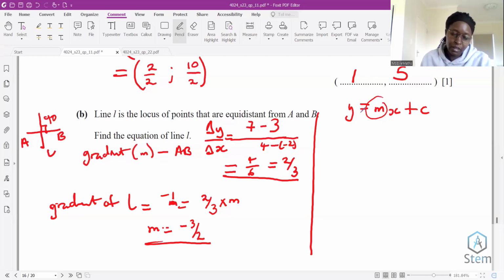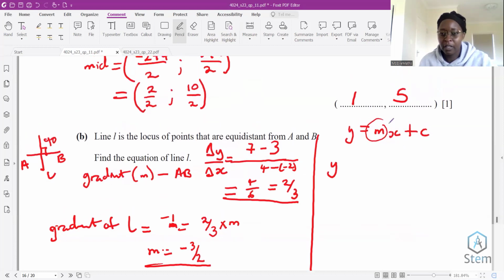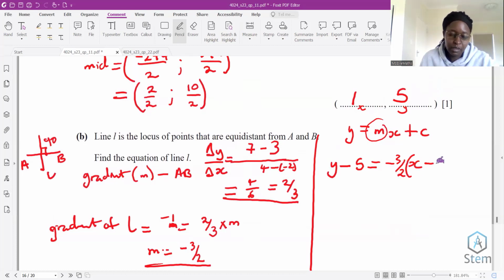So the gradient, we now have it. We can say Y minus its point, we say the points are 1 and 5. So I can say Y minus 5, because this is my Y, this is my X. Y minus 5 is equal to my gradient minus 3 over 2 multiplied by x minus 1 here. So basically the idea now is for us to simplify this whole thing.